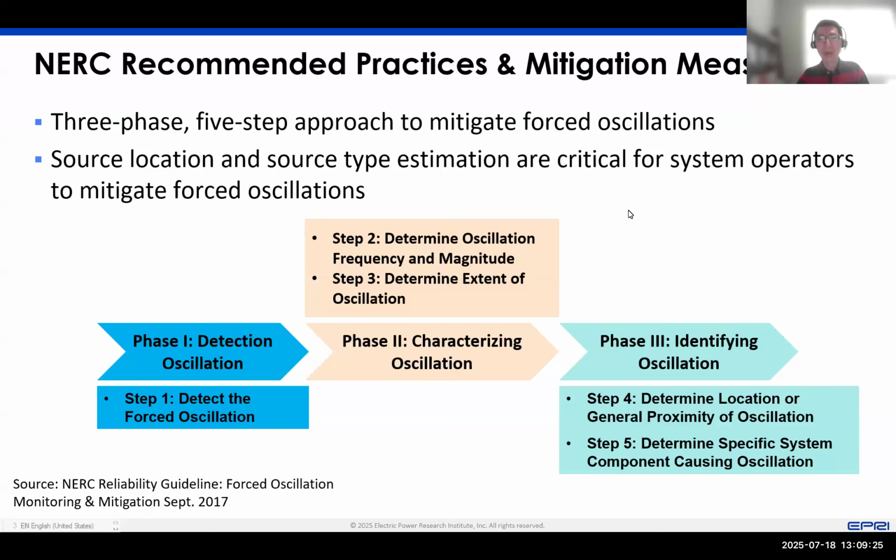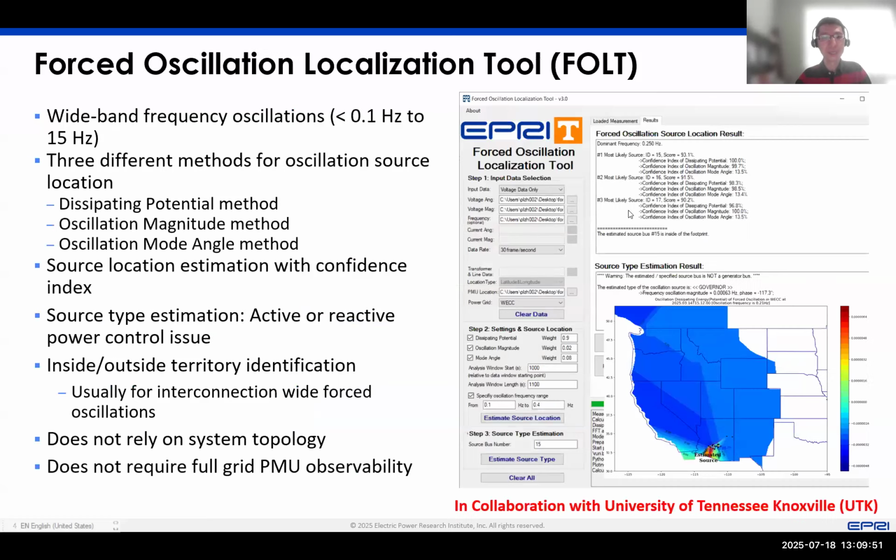In phase 3, we need to identify the source location. Step 4 is to determine roughly where the source is located. Then we need to specify which component is causing the oscillation, narrowing down to a certain unit and whether it is an active power issue or reactive power issue. That's the recommended practice, and also the industry practice for now.